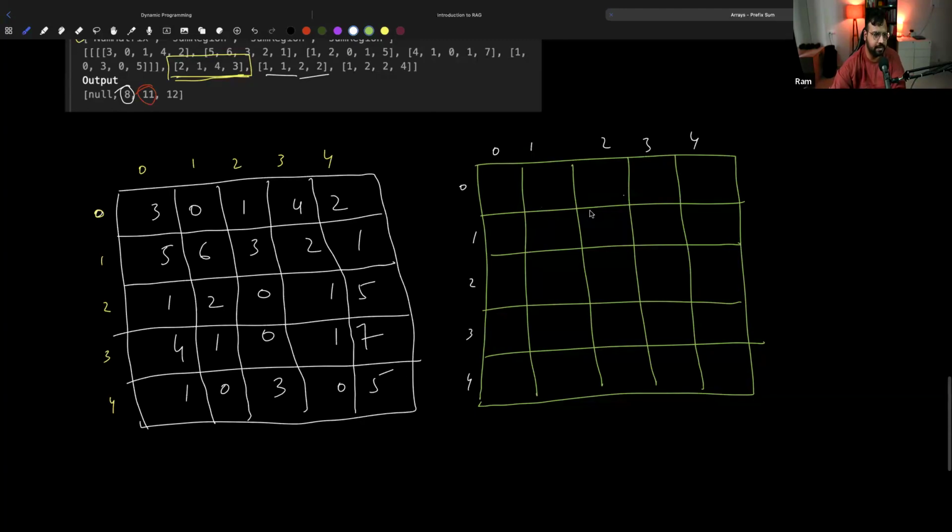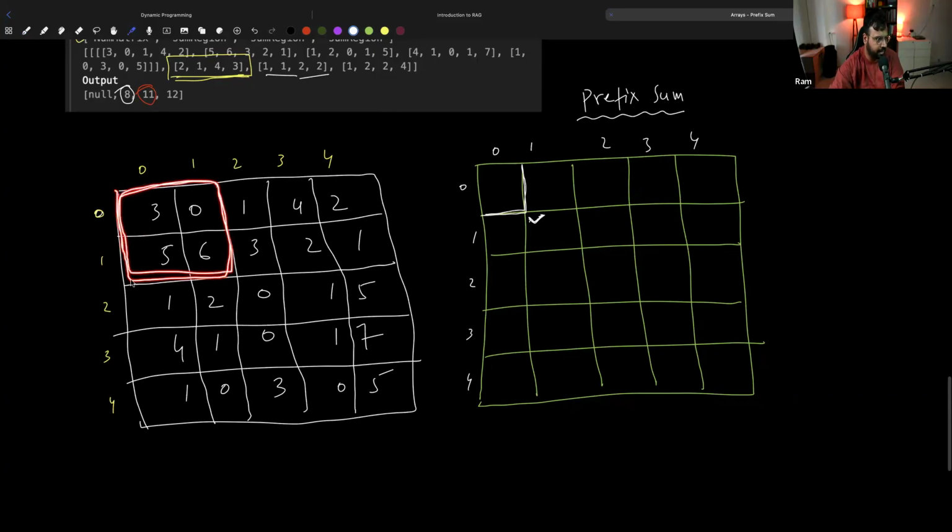Suppose we are able to fill this prefix sum matrix. This is not a prefix sum array, this is a prefix sum matrix. Such that every cell is containing the sum of all the numbers in a submatrix. How? If I want to store a number here, then it should be the sum of this part.